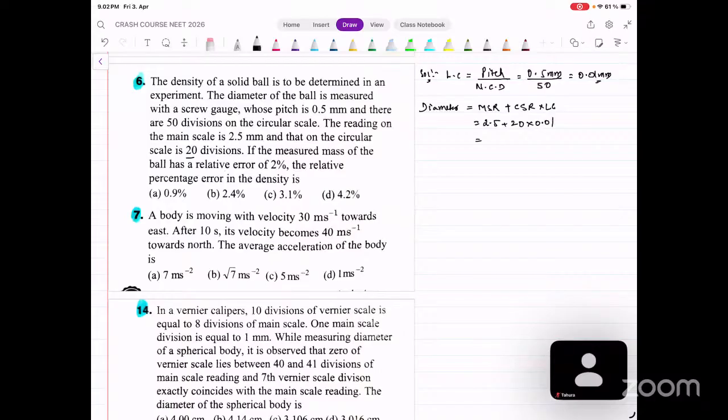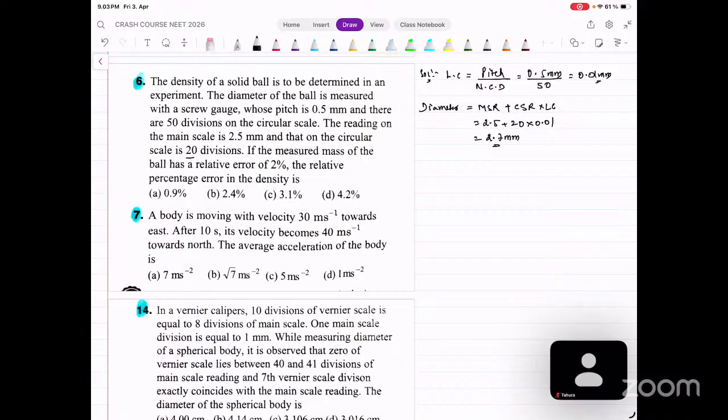So this value will be equal to 2.5 plus 20 into 0.01, it will be your 0.2. This will be equal to your 2.7. That means if I simplify it totally, it will come out for me 2.7 mm.